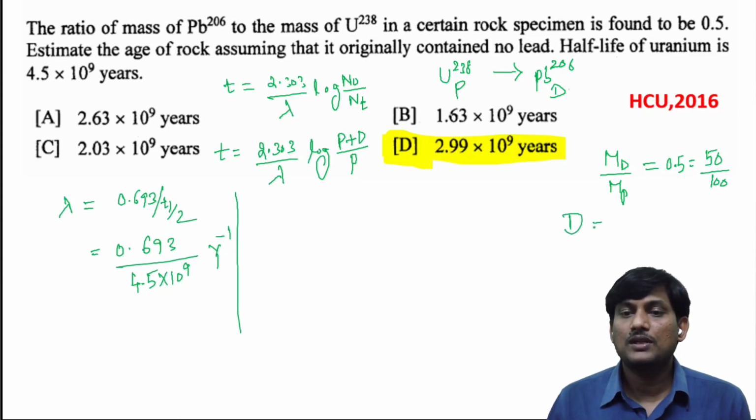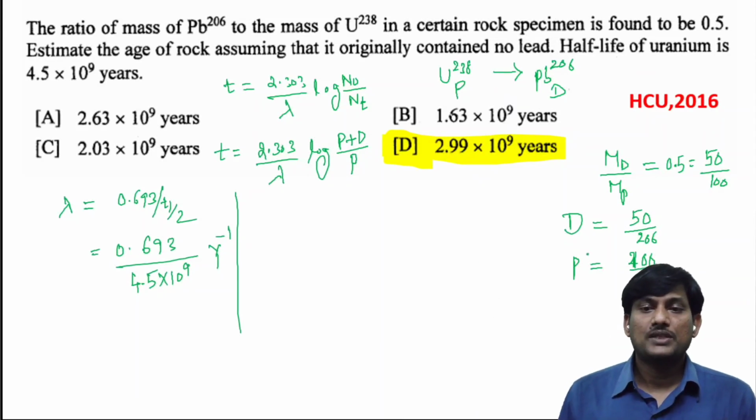The number of daughter nuclei will be equal to 50 by atomic weight. What is the atomic weight? 206. And the number of parent nuclei will be equal to 100 grams by 238.